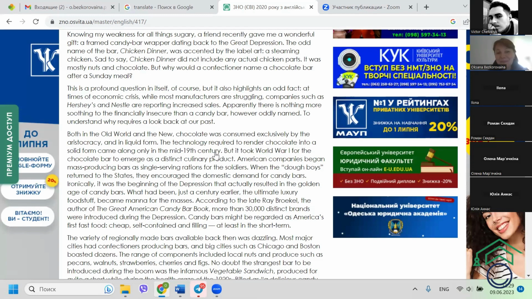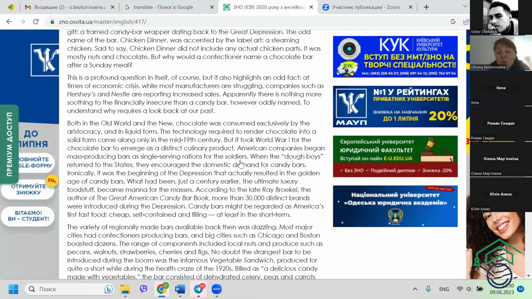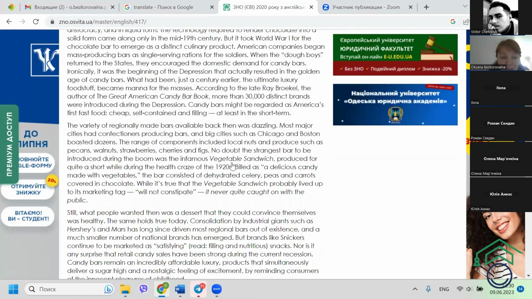Тоді ні, не C. Тобто треба саме ключові речення шукати, і прискіпливо до кожного слова. Це речення говорить, що тверда форма була вже у 19 столітті. Під час Першої світової також щось з'явилося, але мається на увазі окремі батончики, як ласощі. Тобто що залишається?